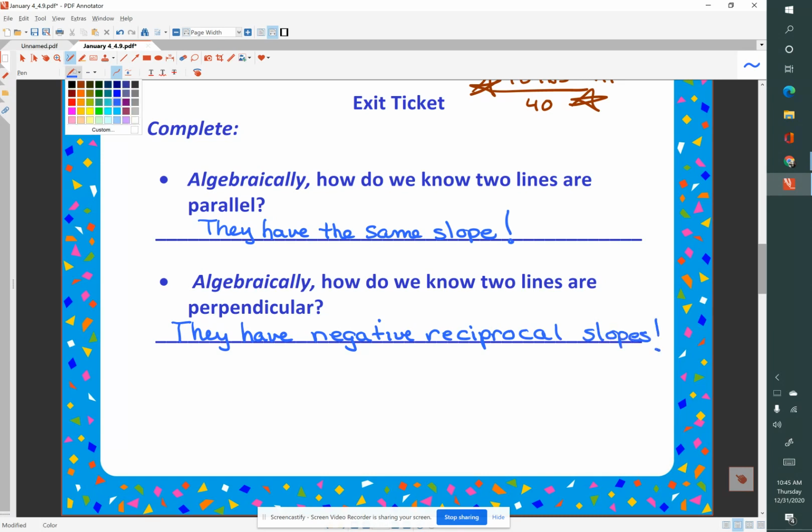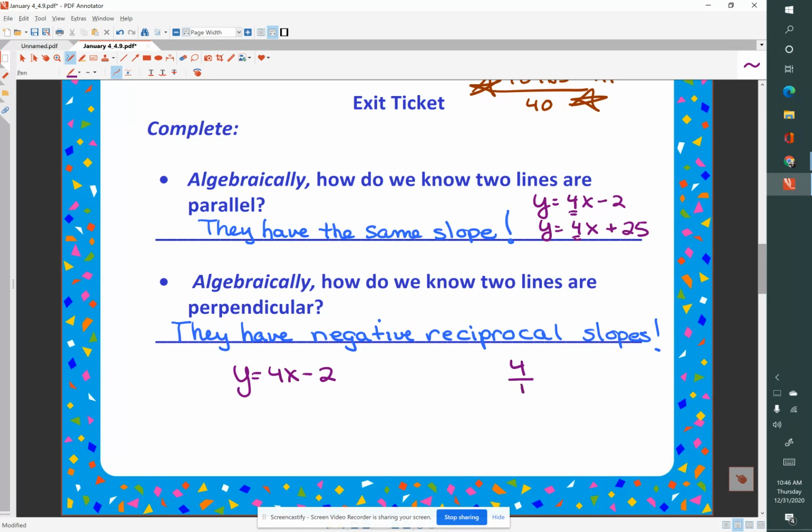Now let's put a few examples there before we finish. So same slope would be y equals 4x minus 2 and y equals 4x plus 25. Okay, they have the same slope of 4. Negative reciprocal would be, if we take the same first equation, y equals 4x minus 2, well, 4 can be thought of as 4 over 1.